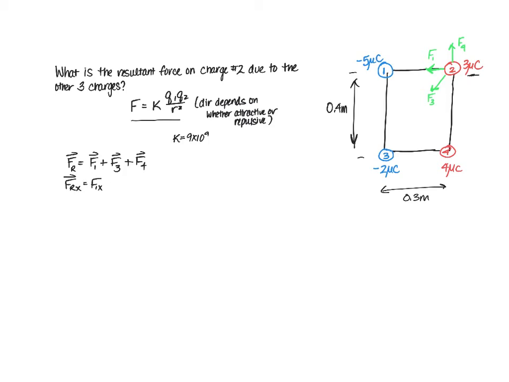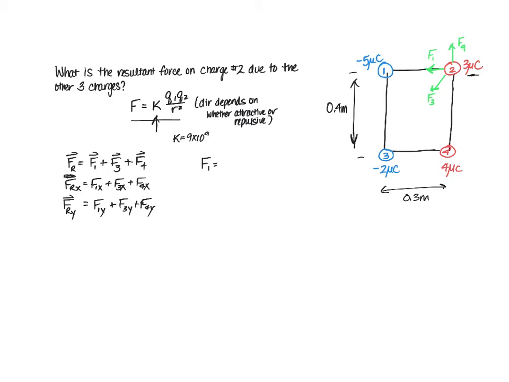So I have F1x plus F3x plus F4x, and I also am going to find the y component of the resultant force, which is going to be found by taking the individual y components. Now, before I do that, I need to know how big each of these forces are. So I'm going to find their magnitude. I'm going to use this expression to do the calculation.